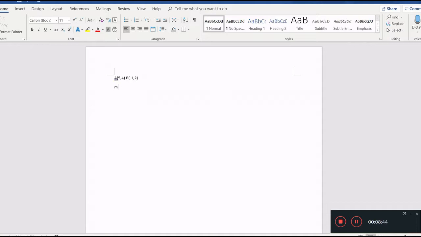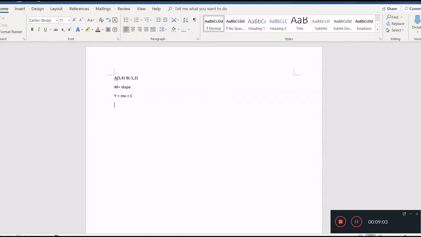I will ask you to find the m, which is the slope. As you can remember from the formula I just showed you, y equals mx plus c. So I want to find the m. How can I find the m? There are two ways.